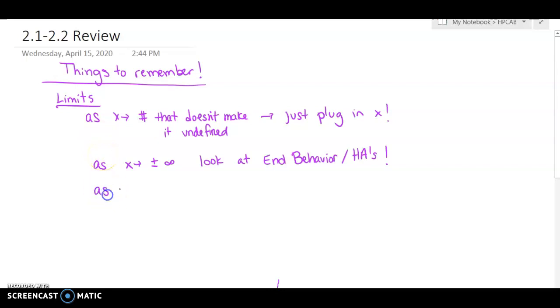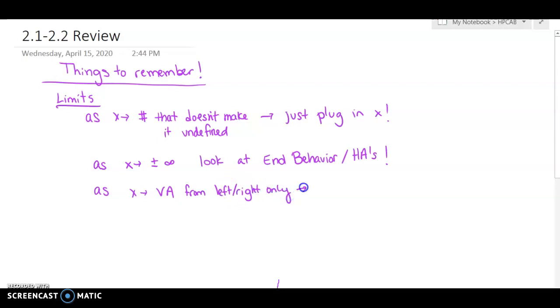Let's say that x approaches a vertical asymptote. You know that it's undefined at that specific value. This one, by the way, is as x approaches a vertical asymptote from the left or the right, so it'll have the plus sign or the minus sign.